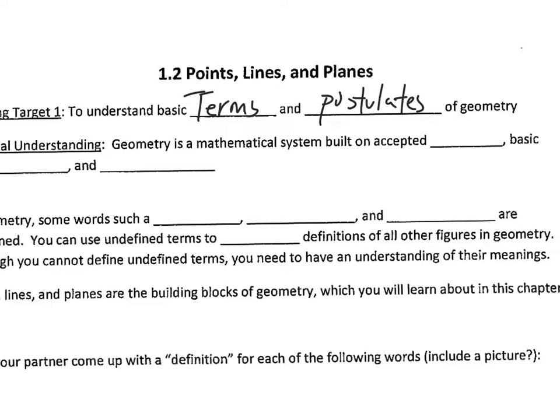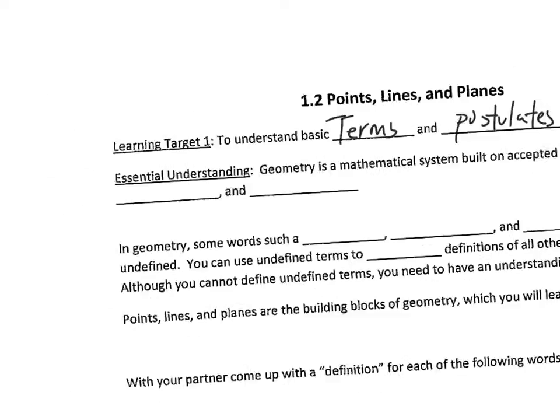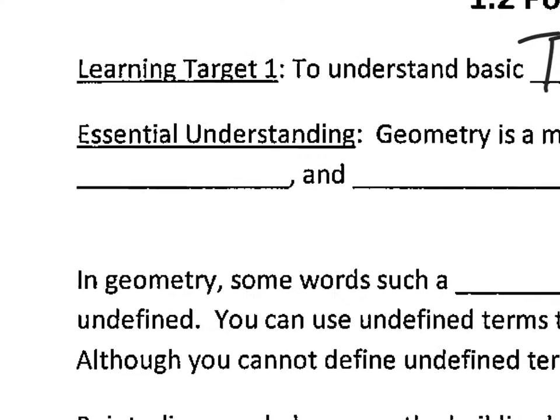of geometry. So, what geometry is, it's a mathematical system based on facts. So we know things are true, and since they are true, we were able to form this type of mathematics. So it's based on facts, basic terms, which we're going to talk about today, because that's our learning target.